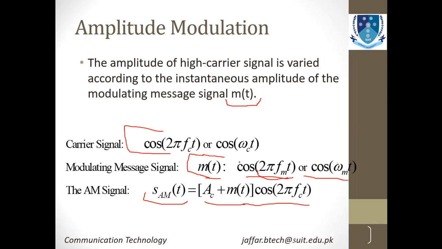Basically you are not multiplying, you are superimposing this signal. This is the actual equation, and in the coming slides we will see how this equation is derived, so don't worry about that. For now, let's just take it as the final equation.